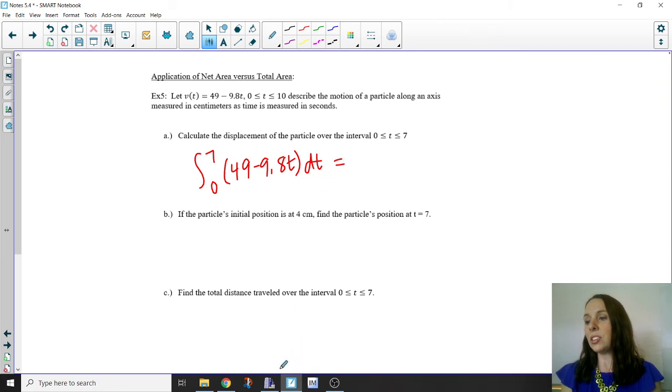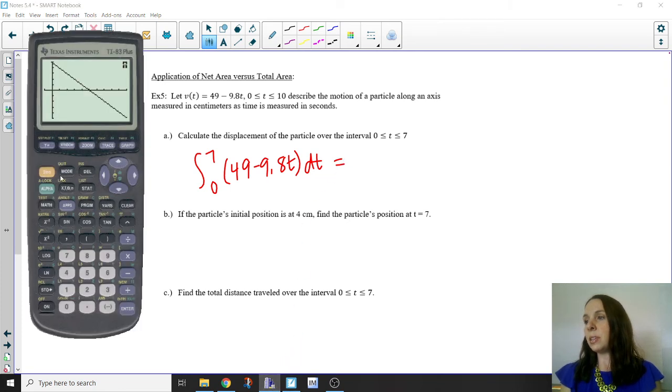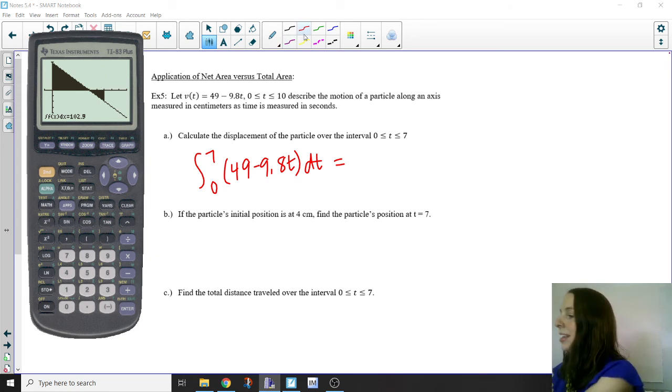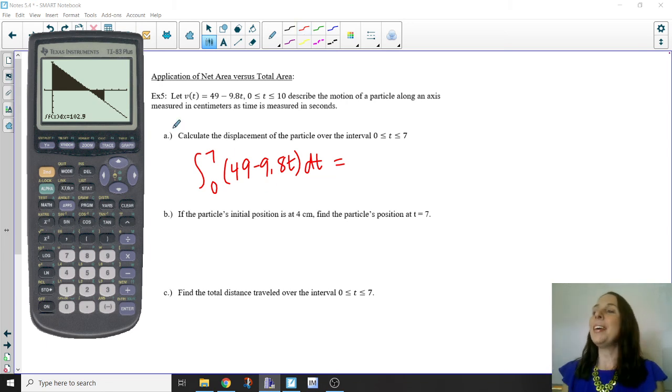Now again, just to keep it simple, I might as well just use Calc 7 again. 0 to 7. Okay, so 102.9. Let me check my answer key just to be sure. Yeah, that's good. So all of this is your positive movement.